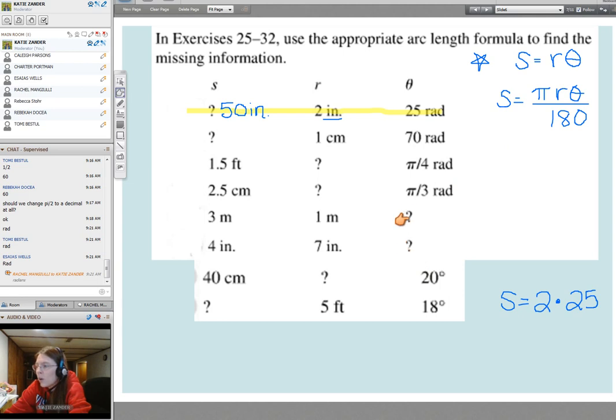Most common though is to see it in the form of radians, so you should probably use radians for the theta out here. All right, be careful with the last two. You do need to convert these at some point. All right, I'll give you some time. Find those question marks. When you have an answer for a question mark, go ahead and put it on the board.